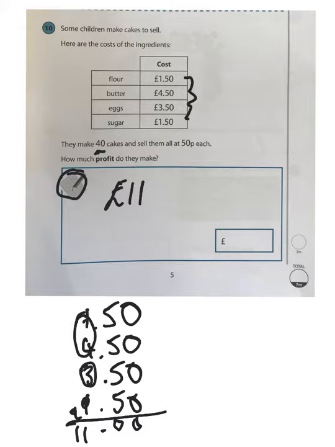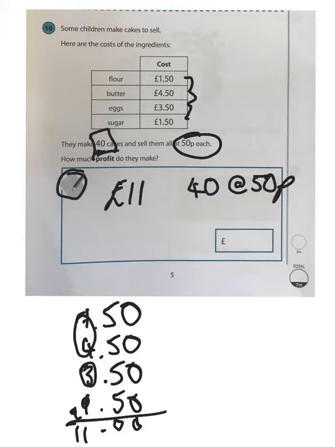So, 40 cakes at 50p each. If you wanted to, you could do 40 times 50 to give you how many pence they've made. Or you could figure out that 50p is half a pound.